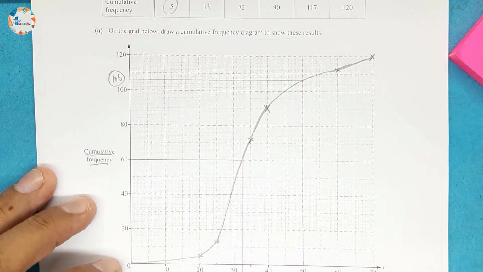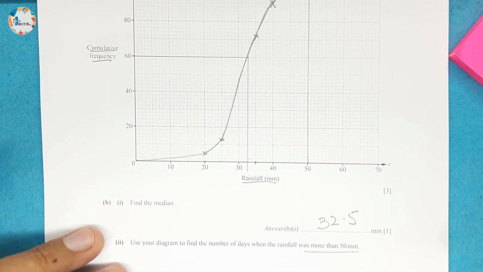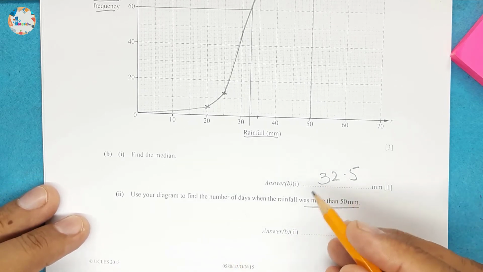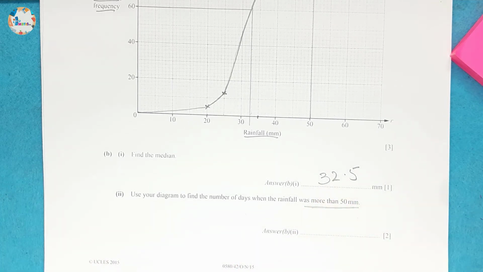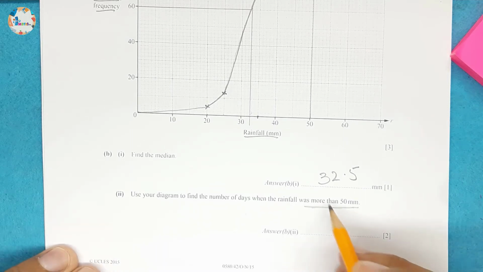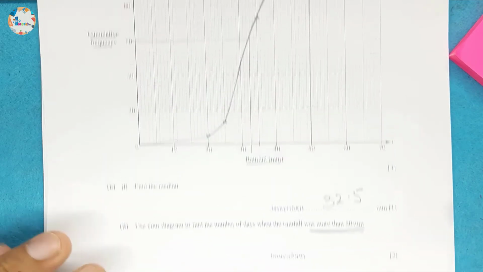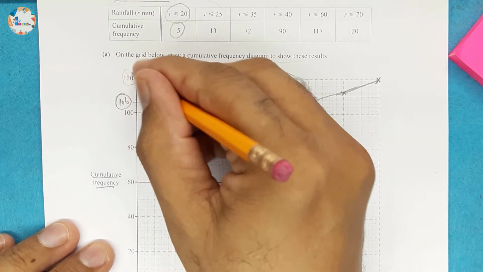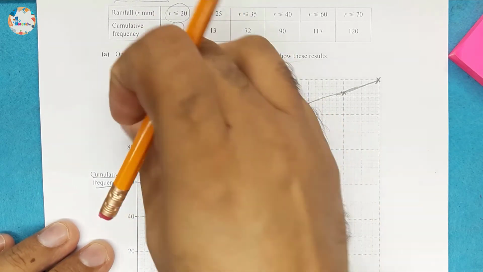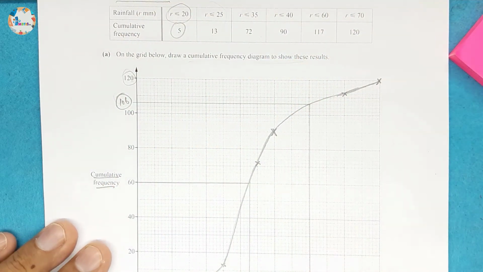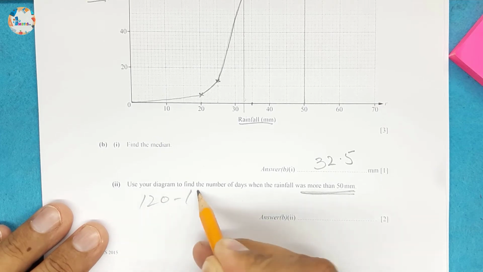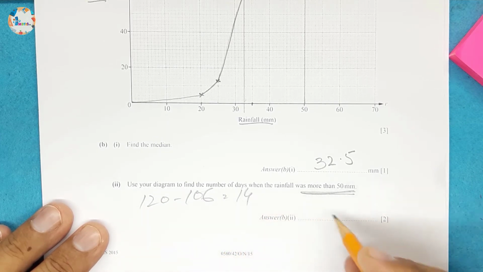So 106 will be this value. Basically they are asking for more than 50 mm. So from this one to this one, 120 minus 106, this will be the days with more than 50. So 120 minus 106 is equal to 14. So our answer will be 14 over here.